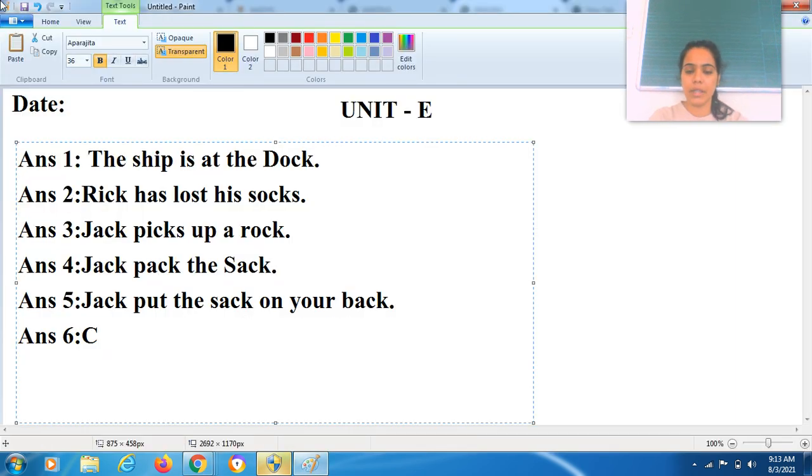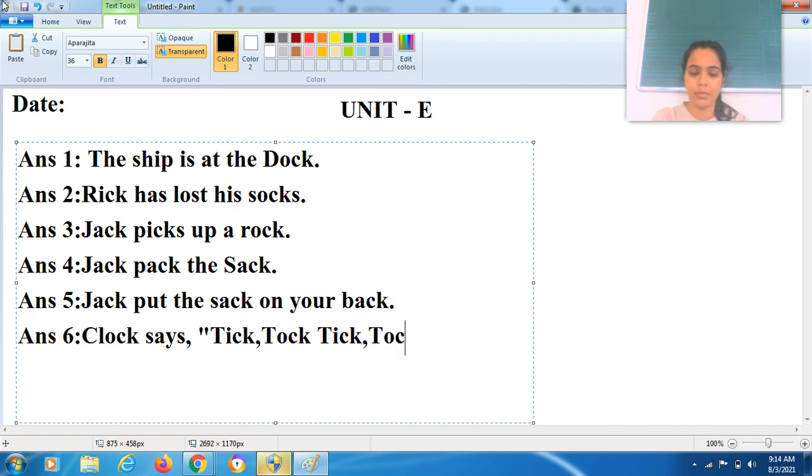Clock, C-L-O-C-K, clock says tick, T-I-C-K, tick, tock, T-O-C-K, tock. Clock says tick tock, tick tock. So that is your answer, students.